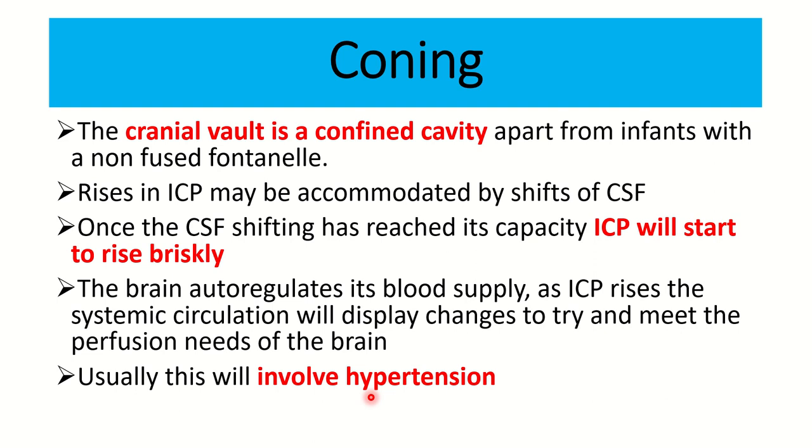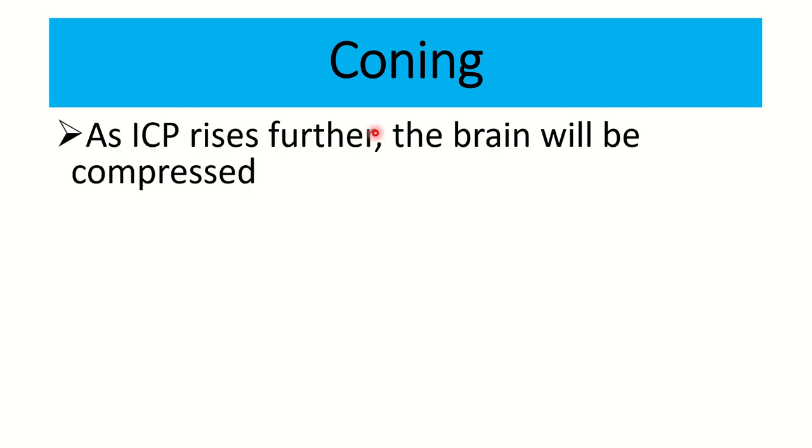So when intracranial pressure increases, the blood pressure of the arterial wall also increases to supply the brain. So first of all, hypertension develops, that means the blood pressure increases when intracranial pressure rises or when coning occurs.